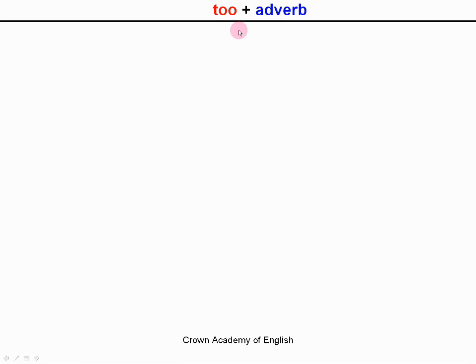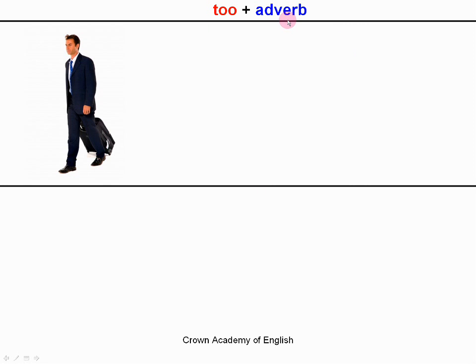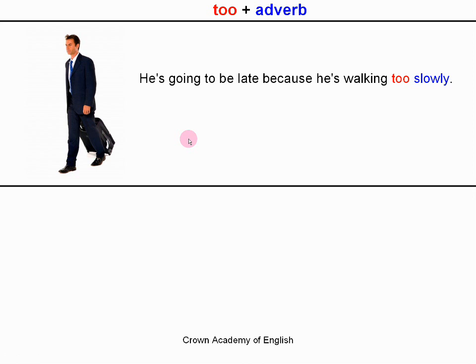We can also use too to modify an adverb. Remember that an adverb describes a verb. He's going to be late because he's walking too slowly. And too, again, is before the adverb.